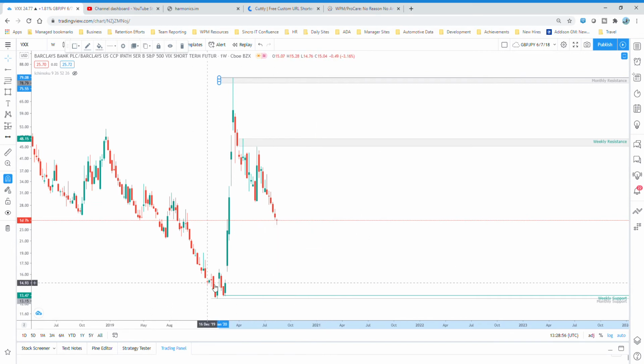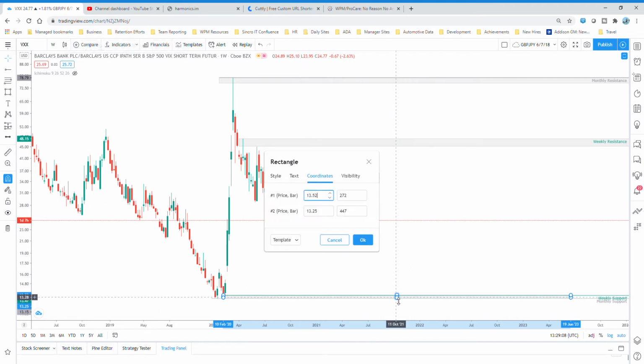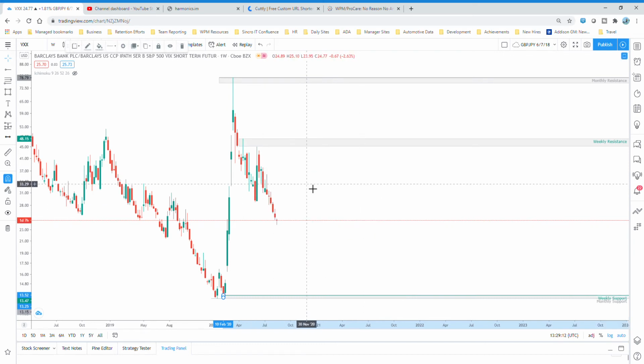And you can do the same thing with the support as well. This weekly and monthly support is a zone in itself, so definitely want to watch that. And then our support will go here.